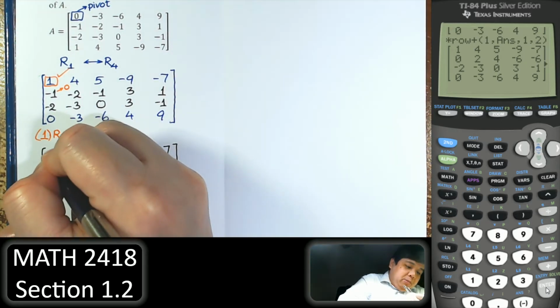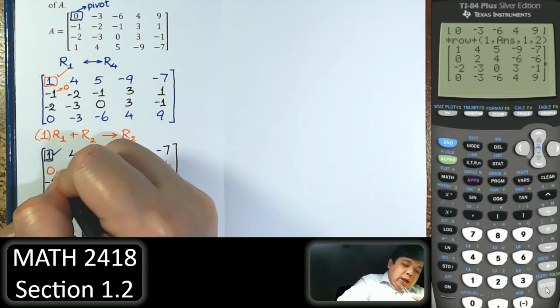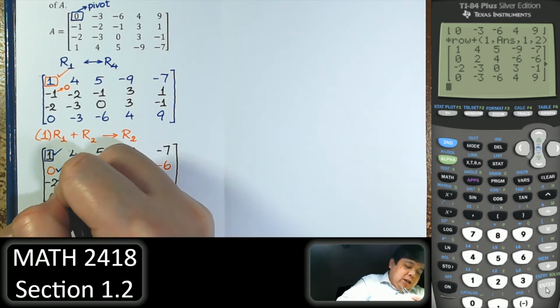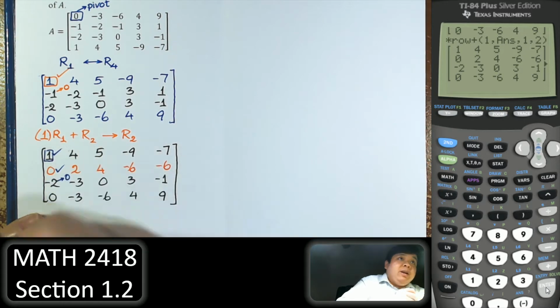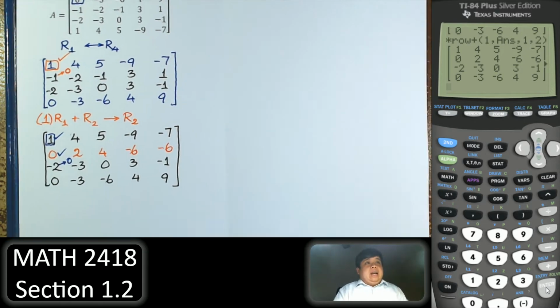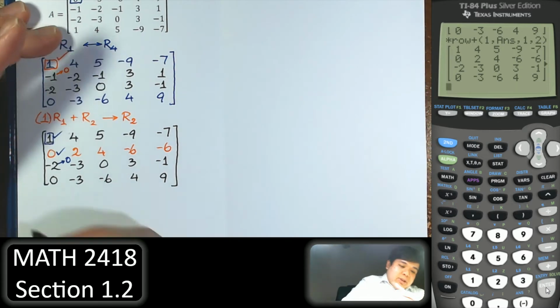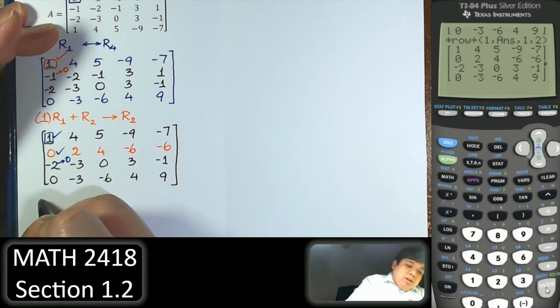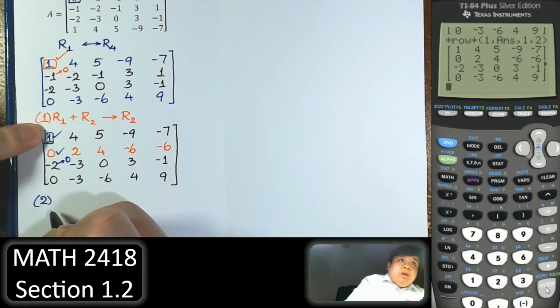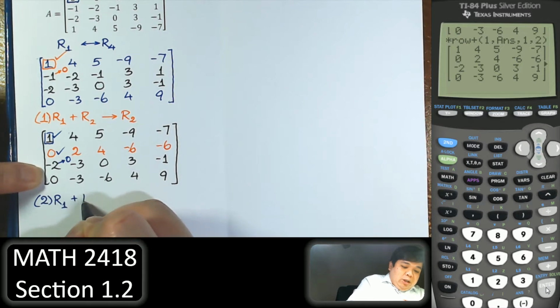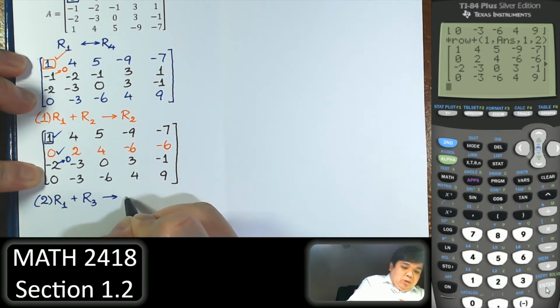We have the 1, the pivot, which is good. We have 0 below, that is good. But the -2 has to turn to 0. And to turn it to 0, we use elimination. So the opposite of that number is going to be 2. Multiply to the pivot row 1, add to row 3, replace row 3.